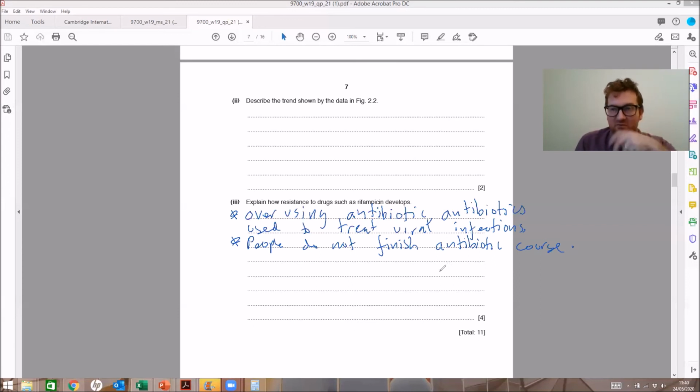Now, generally, antibiotics and bacterial resistance to them is a process of natural selection. This is commonly referred to at GCSE level as well. The idea is that for whatever reason, bacteria maybe developed a mutation for antibiotic resistance.